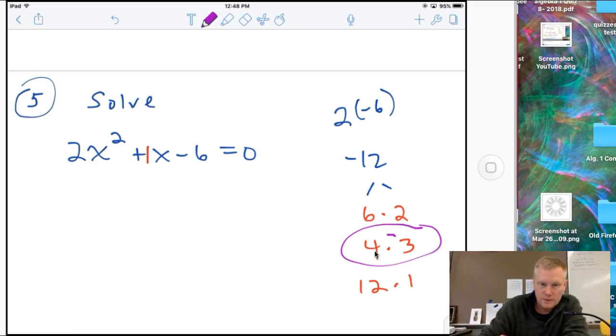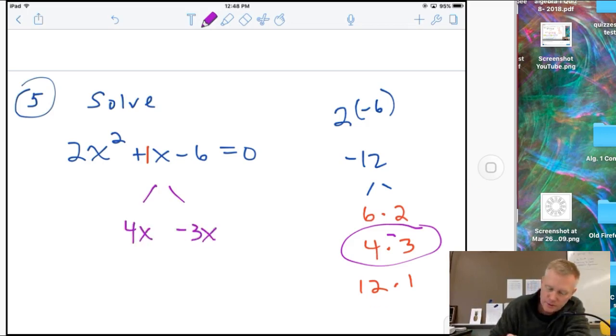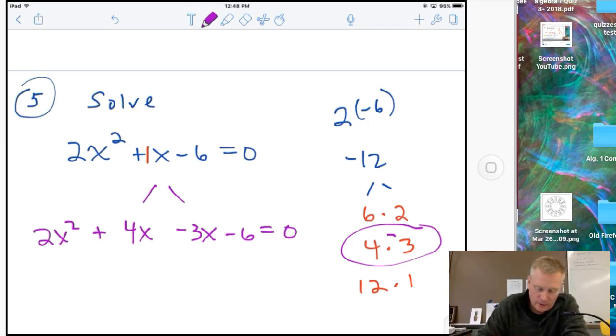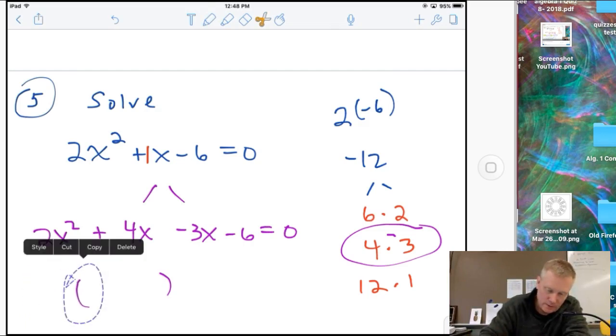Okay? So, now I'm going to break this up. It doesn't matter if I put the 4x first or the negative 3x. I'm going to put the 4x first. Okay, and now I'm going to factor by grouping. Find out what goes back to the left side.